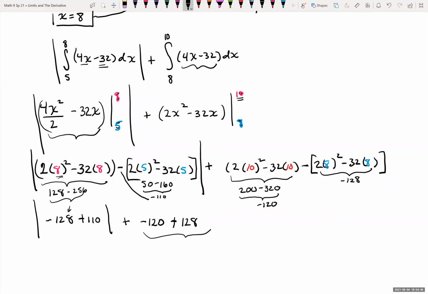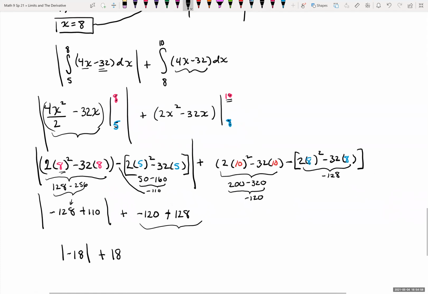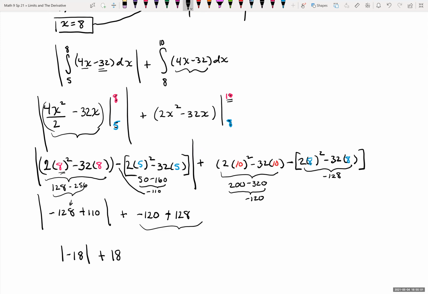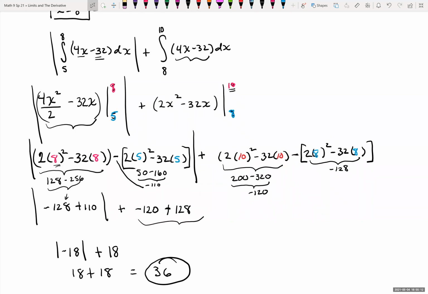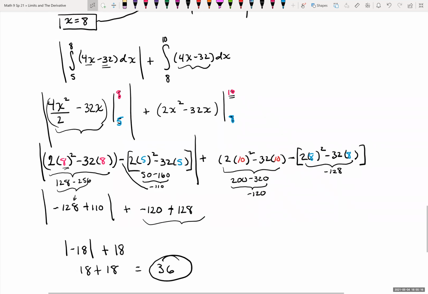So negative 128 plus 110 is negative 18 inside the absolute value, plus negative 120 plus 128, that is also 18 but positive. So negative 18, absolute value is 18, and 18 plus 18 gives us 36. So depending on what the units are for the area, you have 36 units squared.